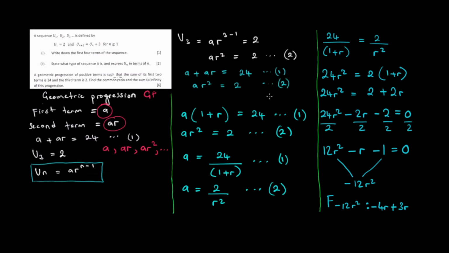Where it says the sum of its first two terms, it's basically A plus AR is equal to 24. Then it says its third term is 2. We know this formula: the nth term of a GP is AR to the n minus 1, so it is going to be AR squared is equal to 2.